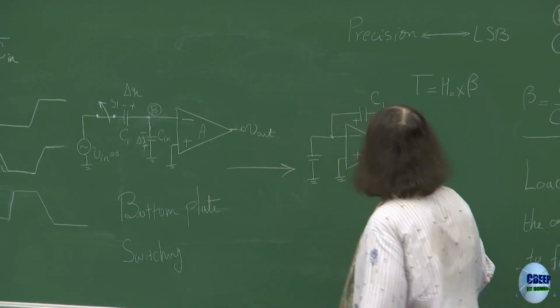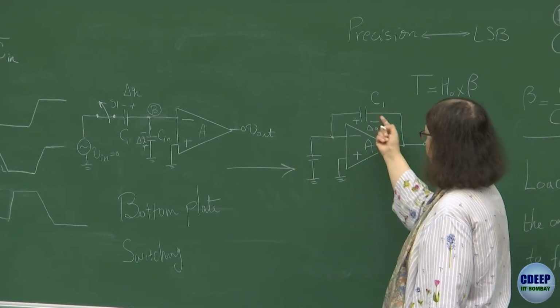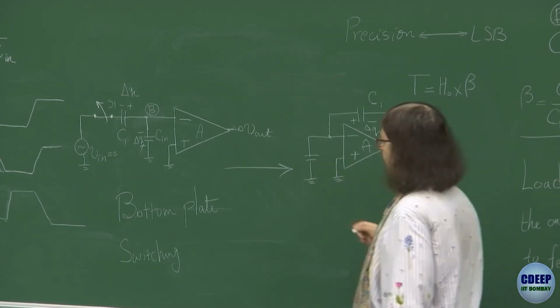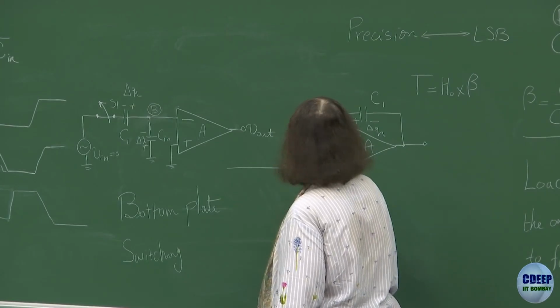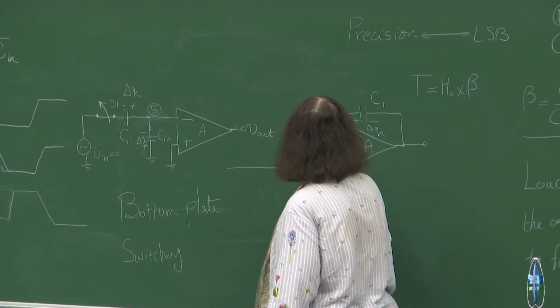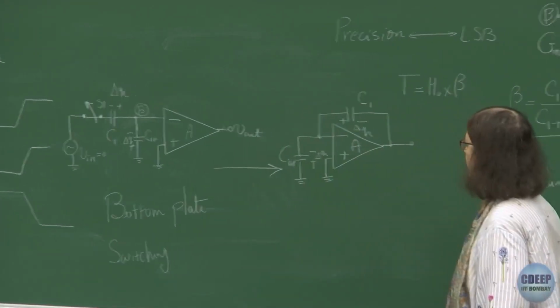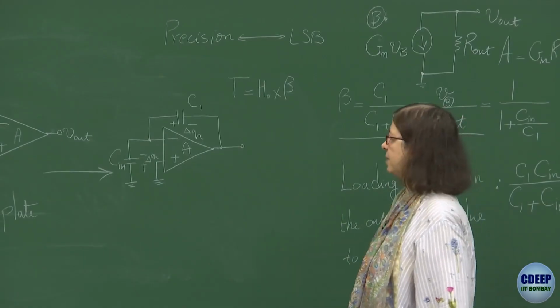And you can clearly see that, oh, it looks like we have an error. Delta Q creates a voltage. It should be 0 for Vin equal to 0. And here also is negative delta Q, due to C, right? What would be the steady state equations?